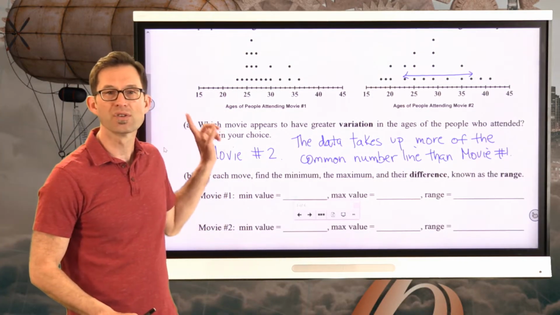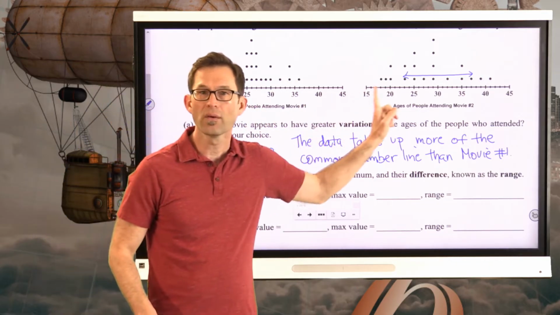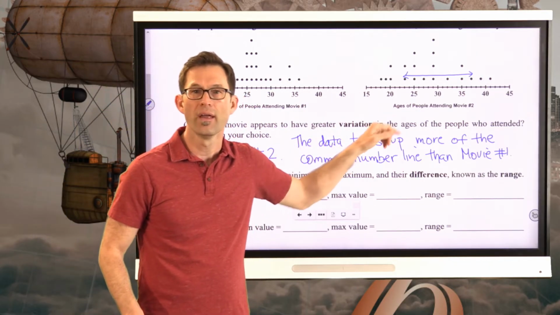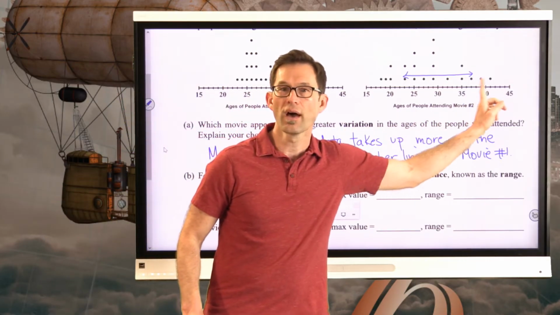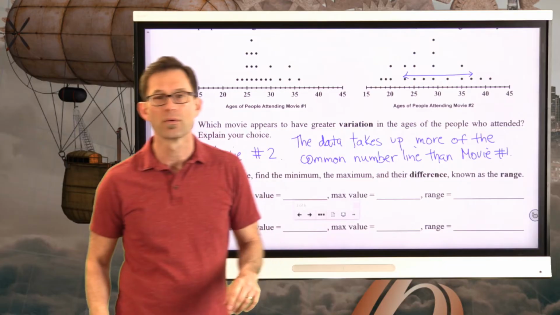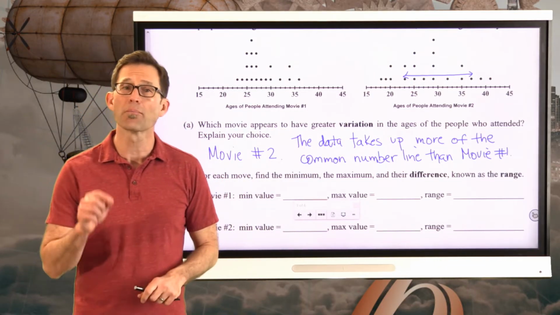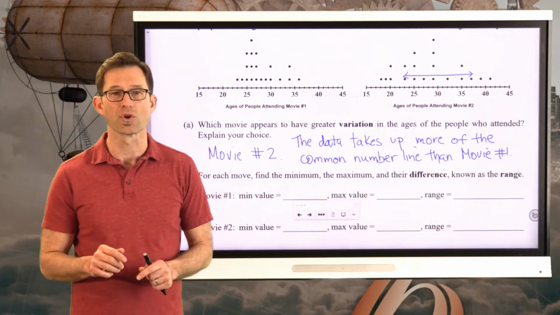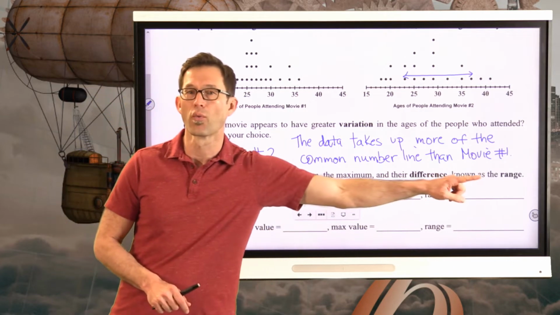There's no ages here that are below like 23 years old, but we get some teenagers in here. And there's no ages in here that are above 36 years old, and yet we've got a few of them out here. This brings us into a very important and a pretty easy measure of variation within a data set, what's known as the range.